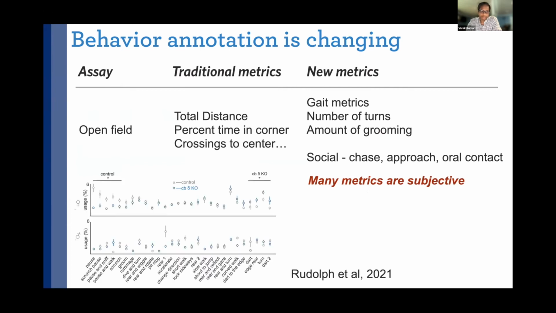When you take this out to a further unsupervised behavior space, this is data coming from motion sequencing from Bob Datta's lab at Harvard. There are a ton of these behavioral motifs that the algorithm produces, and we have to work our way to determine what's actually relevant.